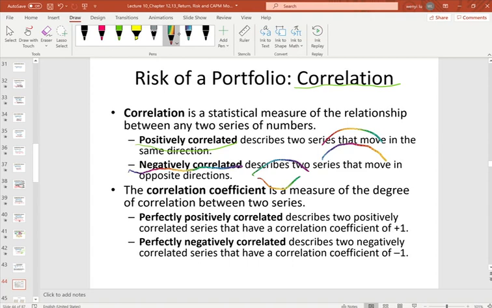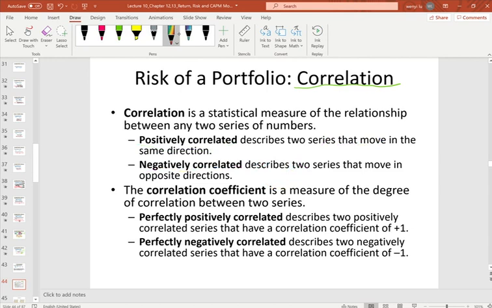For example, when the economy is booming, our A stock is a good performer. But when the economy goes to the downside, the B stock will perform well. So if we put these two into the portfolios, they hedge each other in different situations. That's why negatively correlated stocks can be good candidates in the portfolio to reduce risk.